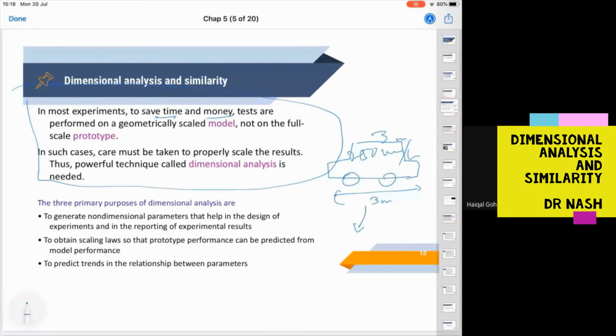So if you run Proton X70 in the wind tunnel, usually we won't do the real size. Kita akan downsizekan dia. Contohnya 3 meter, tapi kita letaklah dalam kita punya wind tunnel. Contohnya wind tunnel, kita ada satu dekat UMP, kita tak ada wind tunnel yang besar, kita ada satu je kat Karif tu, kecil je.